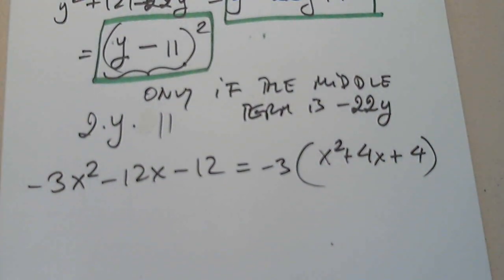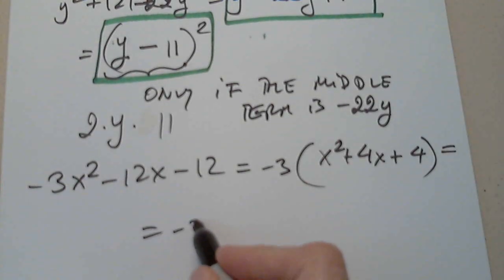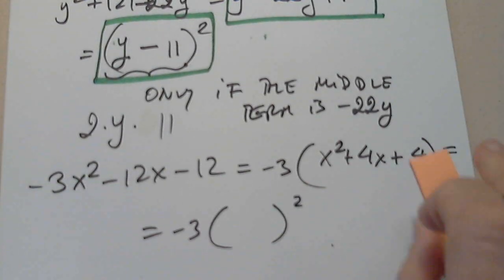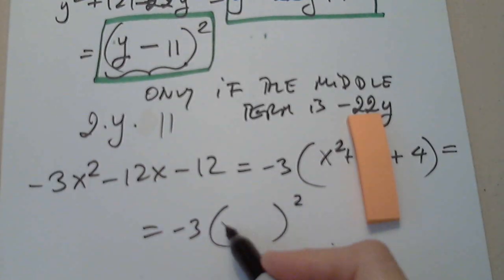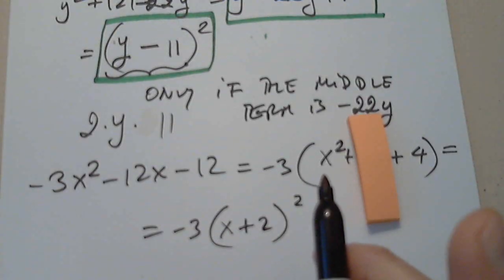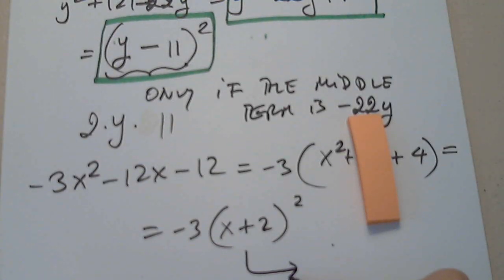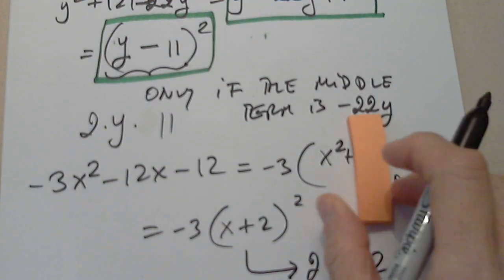So then, look at the first and the last term and identify what we should have in parentheses. x plus 2, only if the middle term, 2 times the first times the second, is the same as the middle term here.